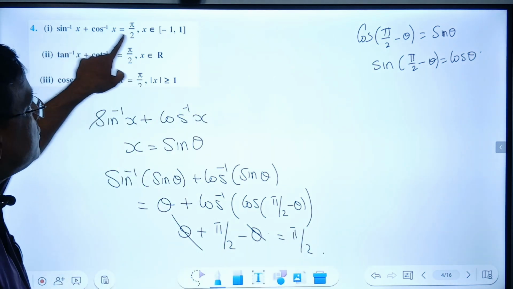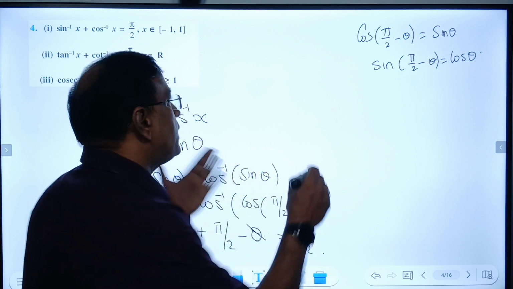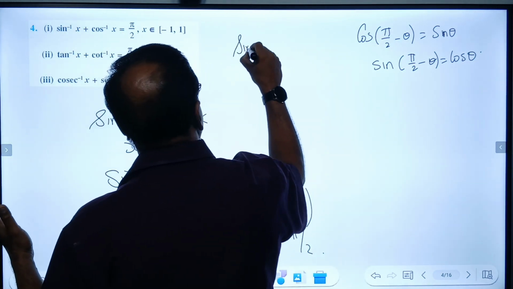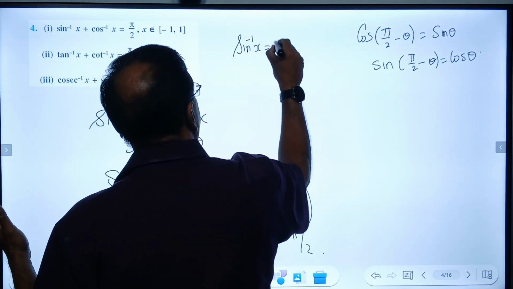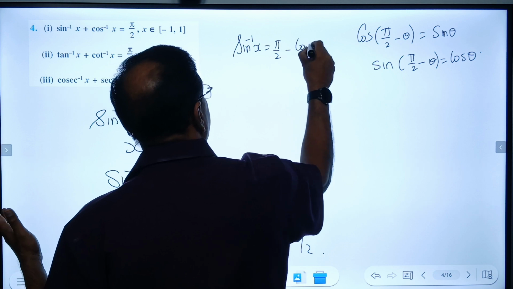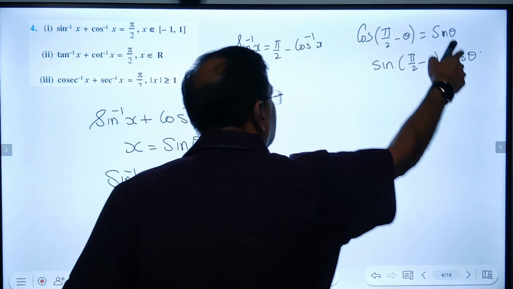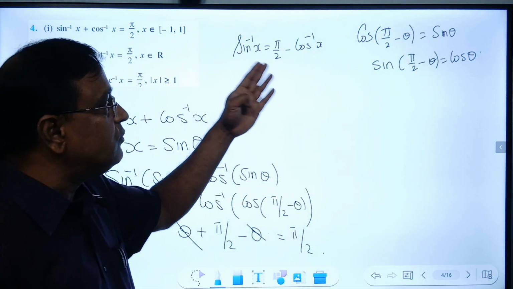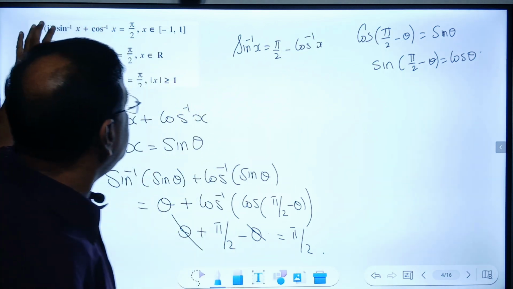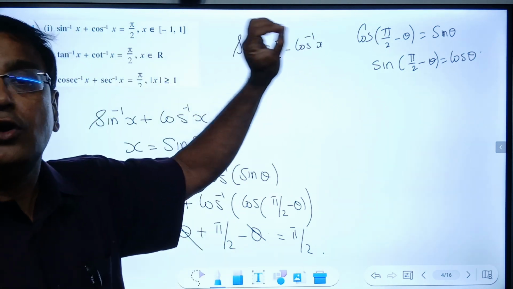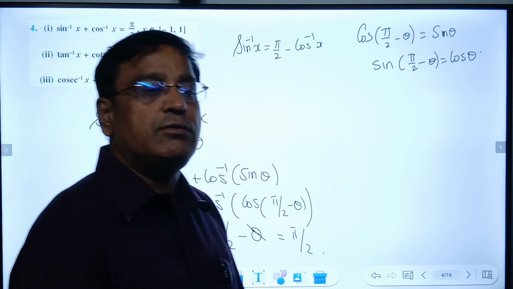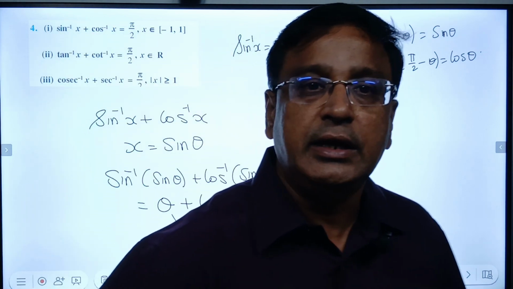So this is something similar to this. You can even write sine inverse of x is pi by 2 minus cos inverse of x. It doesn't look exactly like this, but everything is got from trigonometry only. So sine inverse of x plus cos inverse of x is 90 degrees.